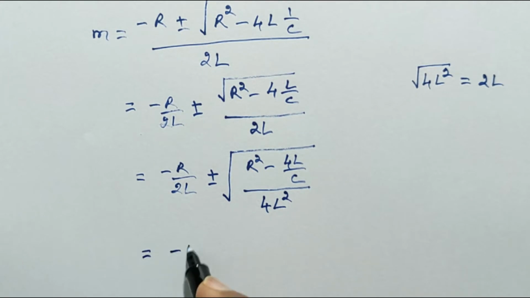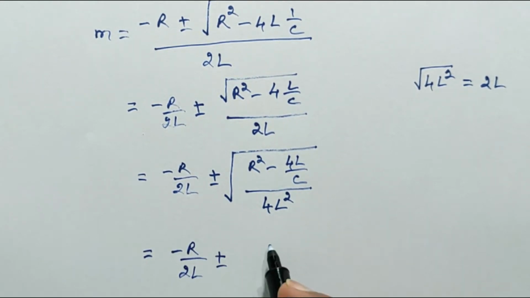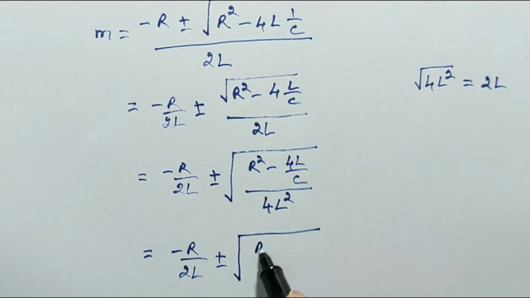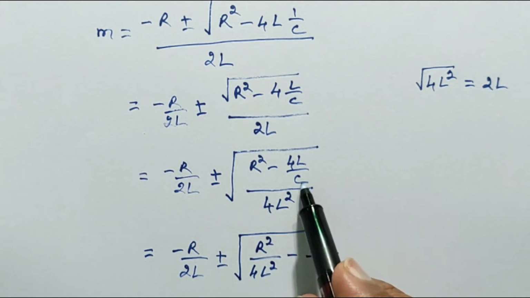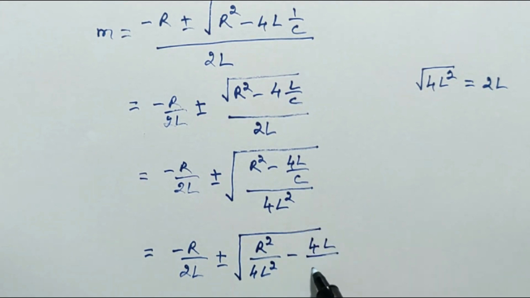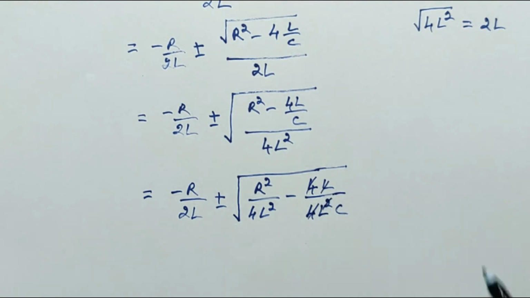So this equals minus R by 2L plus or minus square root of R square by 4 times L square minus 4L divided by C. You can take this C in the denominator, so it becomes 4L square C. You can cancel out the 4 and cancel out one L.